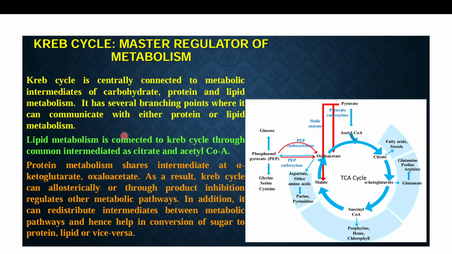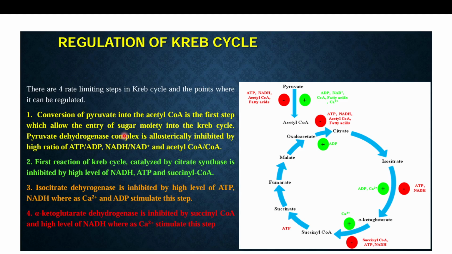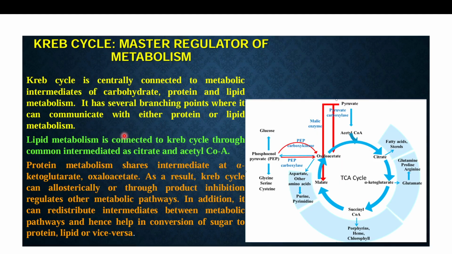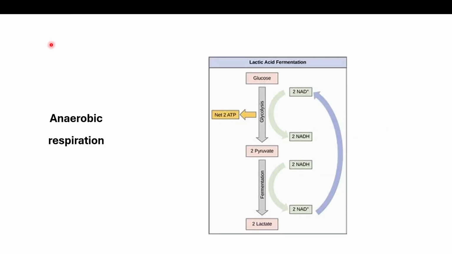Now, all this we were talking about in the presence of oxygen, where you have these molecules and finally the electron transport chain occurring, right? But in case of anaerobic respiration, suppose lactic acid fermentation, glucose is converted to pyruvic acid via the glycolytic pathway.